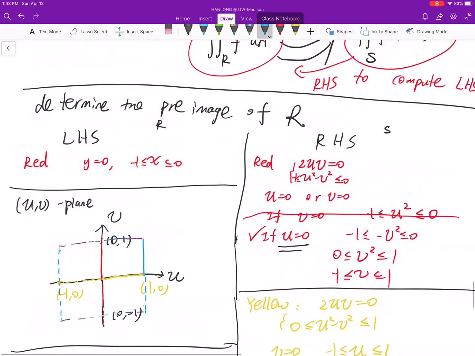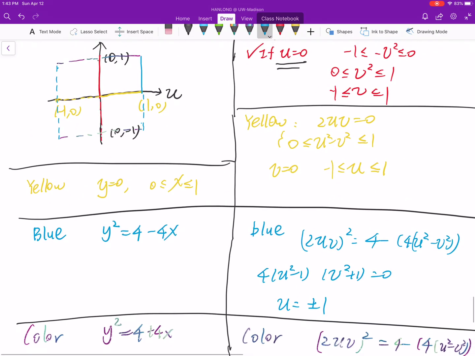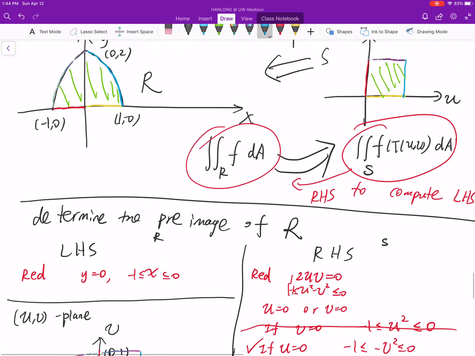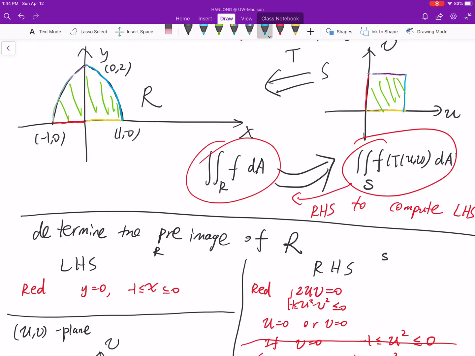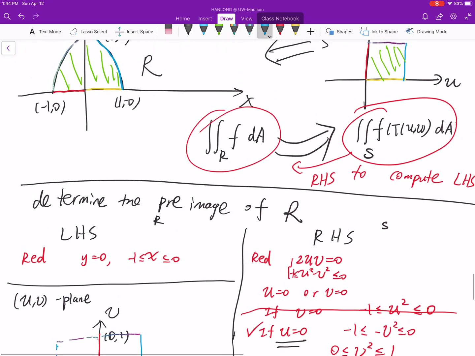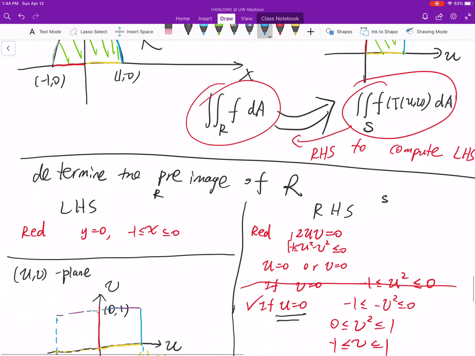Suppose you take a point here. Which point? You can take a point in the xy plane and then do the reverse transformation, or you pick a point here and then do the direct transformation.